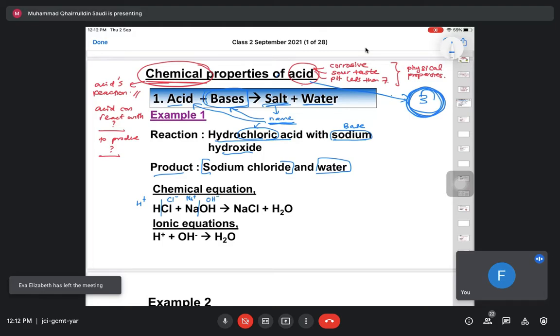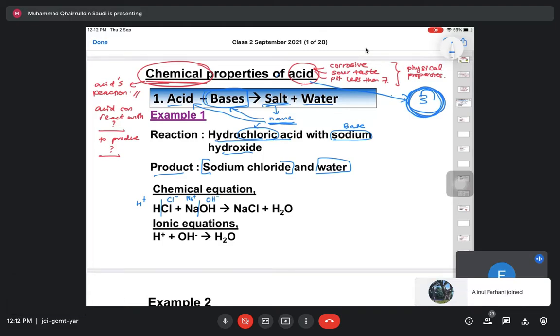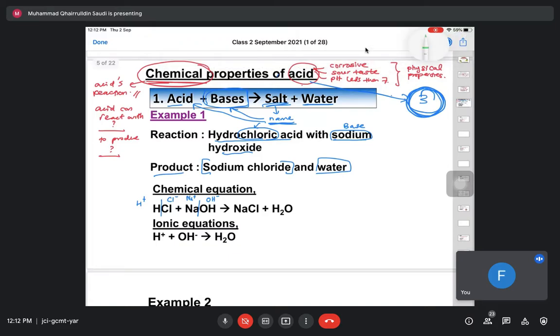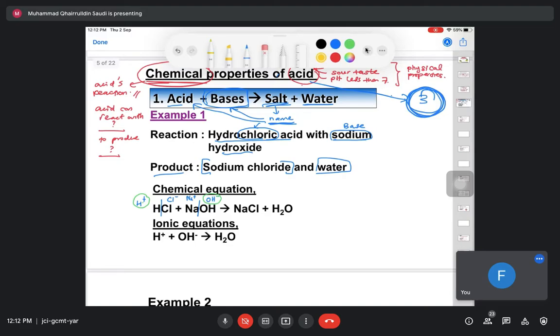So how can you know the chemical formula for the salt? You just change the partner. What do I mean by change the partner? So H plus ni dia akan kawan dengan negatif yang ni pula. Okay, another positive that we have is sodium positive, dia akan change partner dengan negatif ni pula.